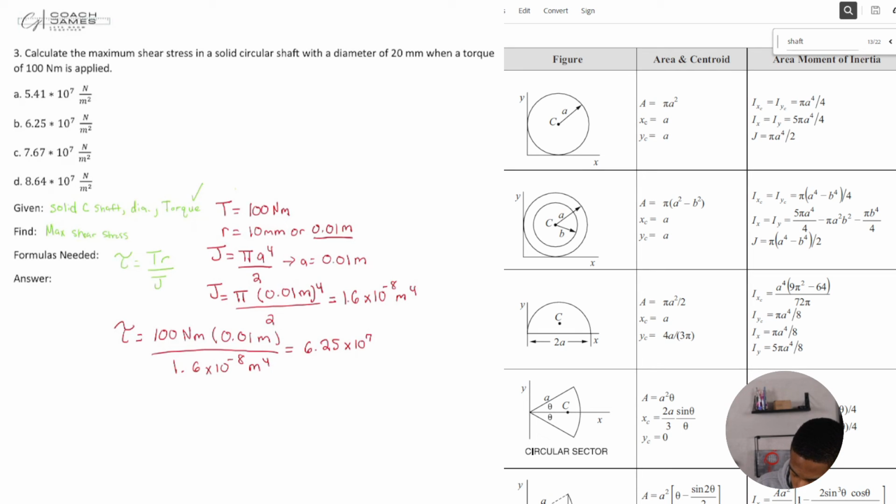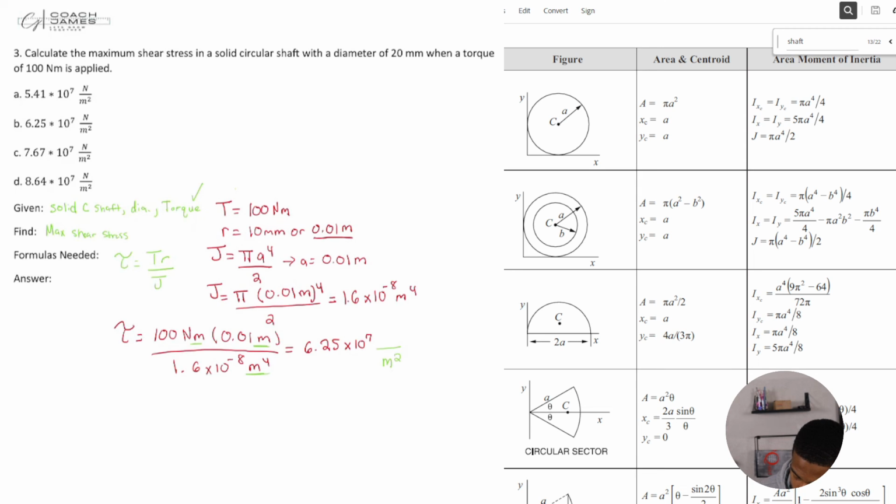What are my units? I have a meter and a meter, so that's meters squared over meters to the fourth. Those cancel and leave me with something over meters squared.